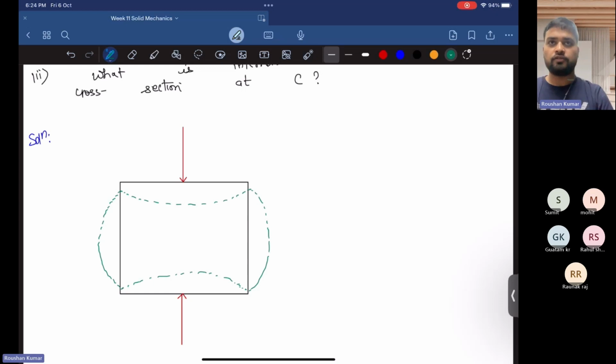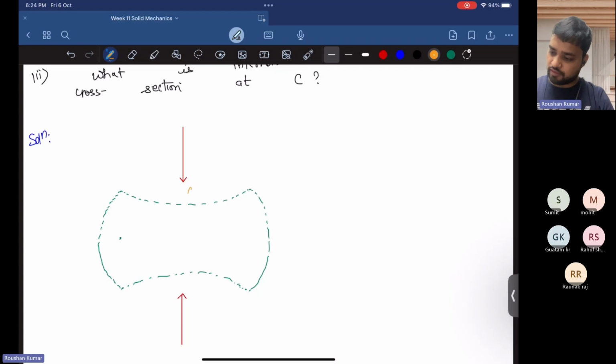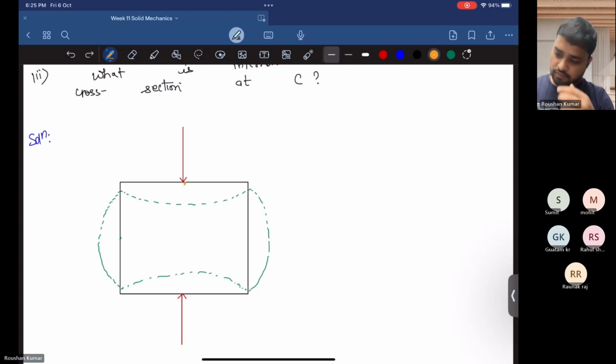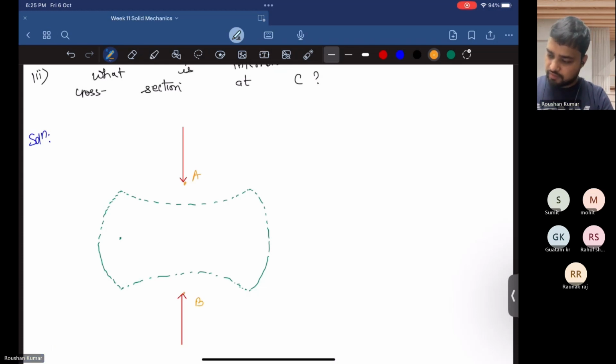And these are the 4 points here. This point A, then B, this is point C, and this is point D.